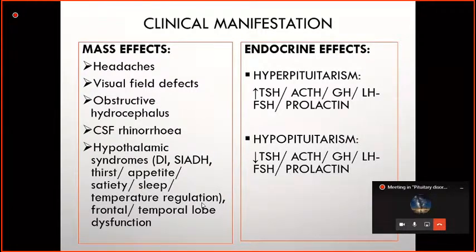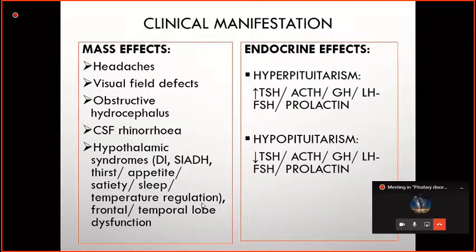Okay, and you also have to consider hypothalamic syndromes. Usually in hypothalamic syndromes you will have diabetes insipidus. Why do you have diabetes insipidus in hypothalamic syndrome? What is diabetes insipidus?